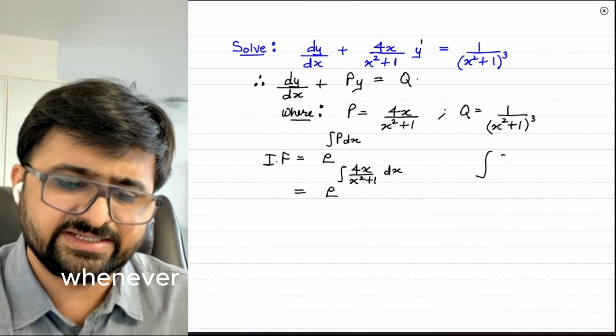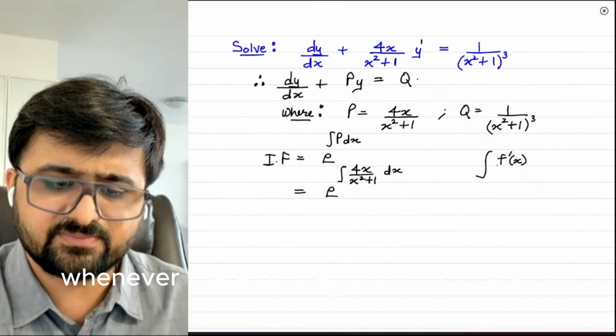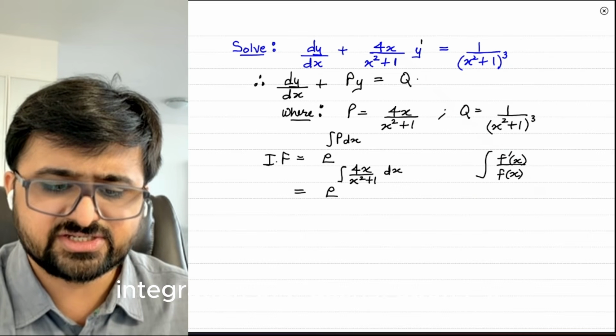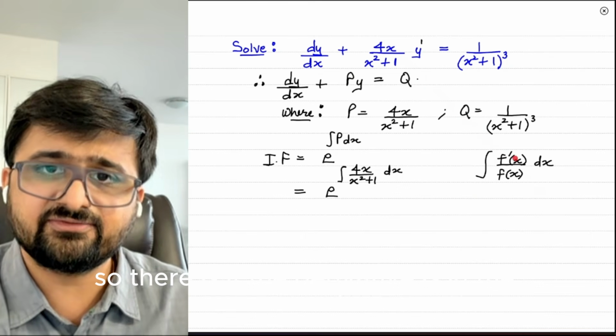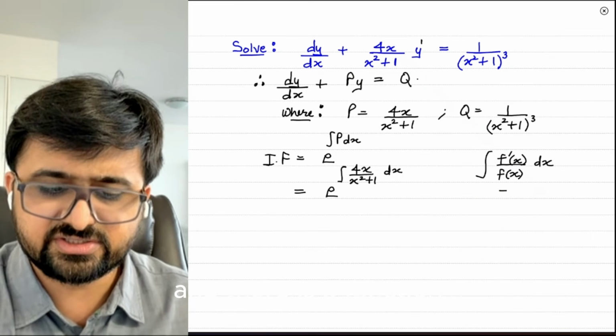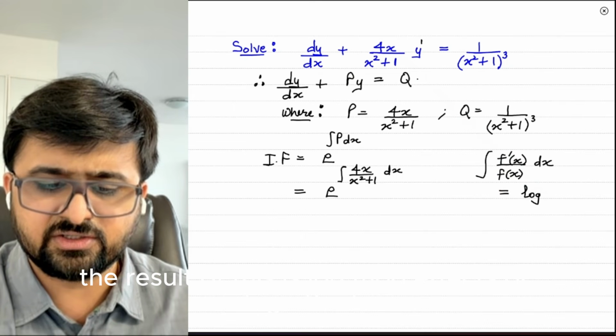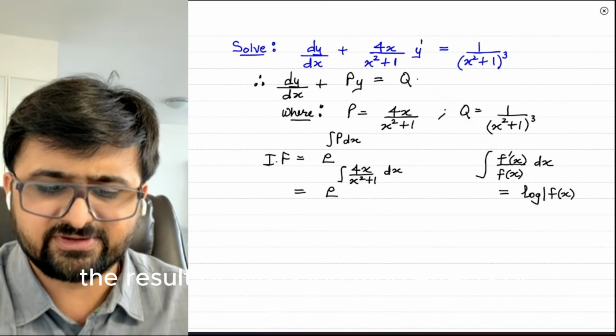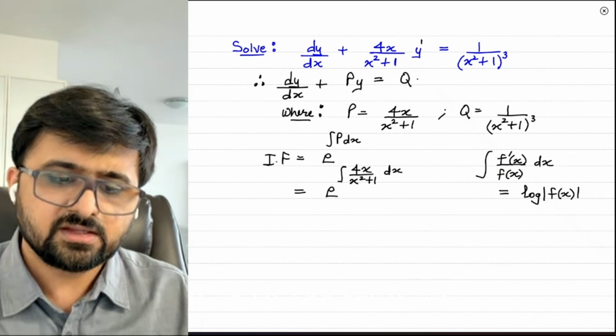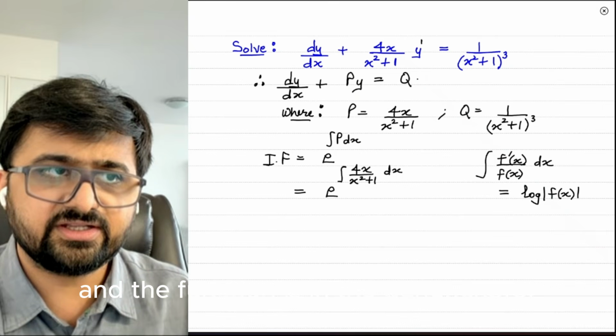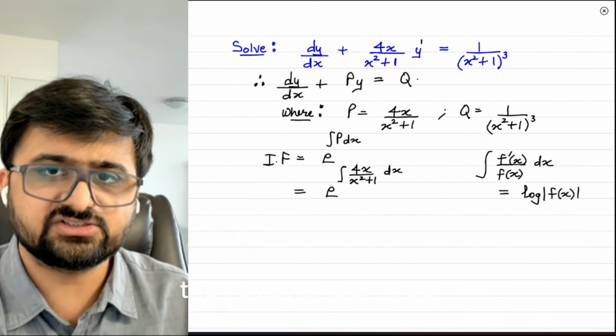Remember, whenever there is integration of f dash x upon fx, so if the derivative is in the numerator and the function is in the denominator, the result is log mod fx, or log fx, whatever you call it.